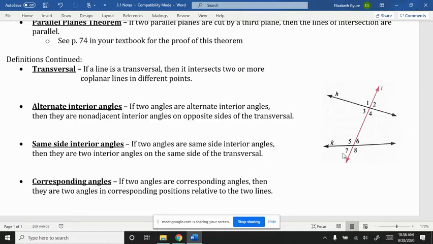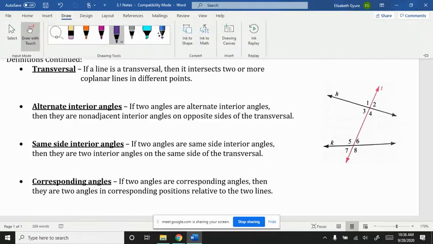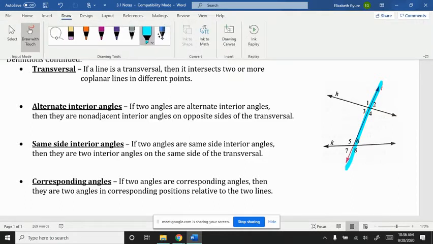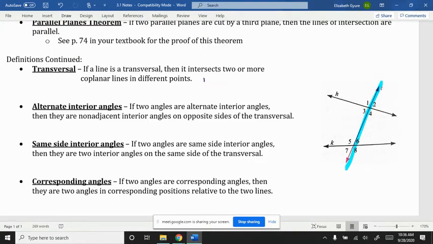If you look at our diagram here, our transversal is line T. Line T is intersecting line H and line K at 2 different points, so that would be the transversal. So this would be line T. I'm using a little weird cursive T. So that would be an example of a transversal because it's intersecting those other 2 lines.